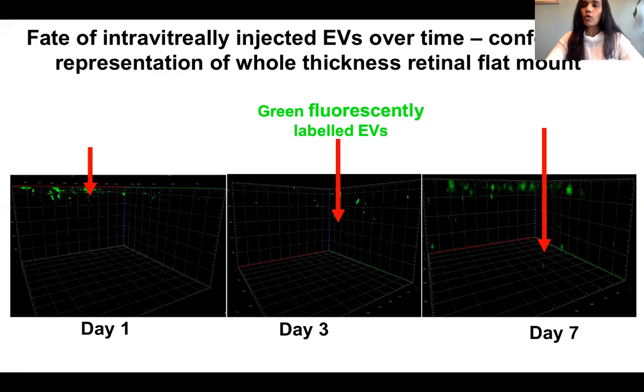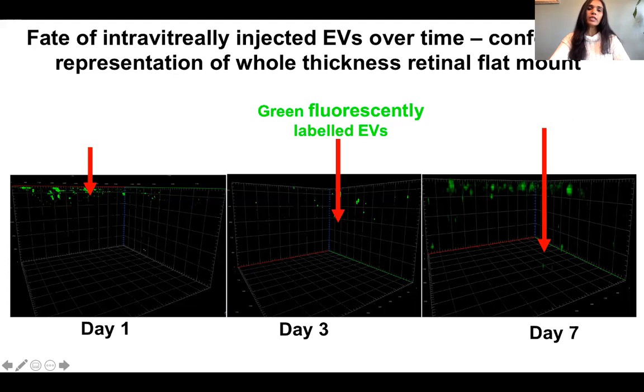The next goal was to confirm whether these findings from the in vivo live imaging translate, and to get a more well-identified picture of where these EVs are going. So we did 3D confocal imaging.